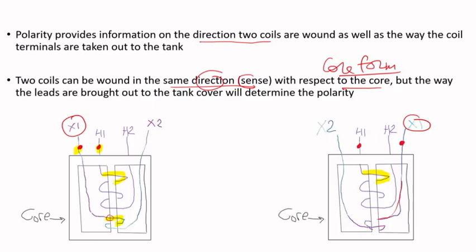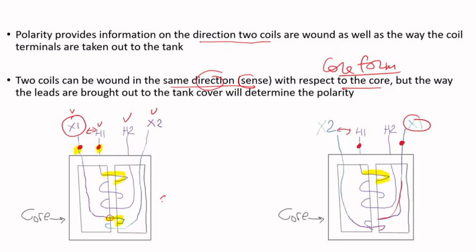The only difference is the X1 and X2 terminals are swapped. So when you look at them on top of the tank, if you are standing in front of the high voltage, you will see from right to left, H1, H2, then X1, X2. In other words, X1 is adjacent to H1. Versus here, you will see actually X2 is next to H1.